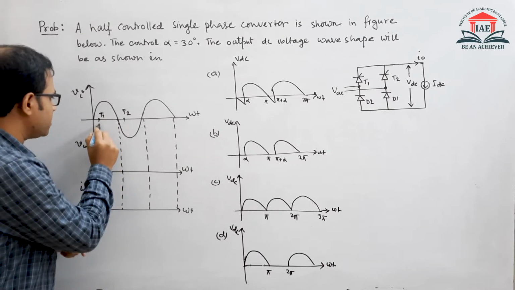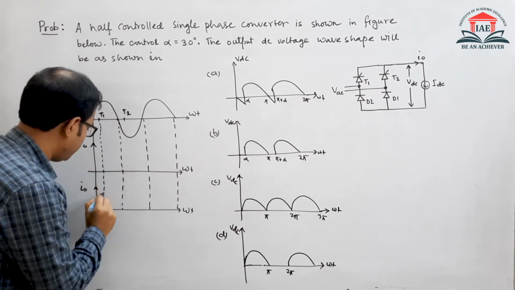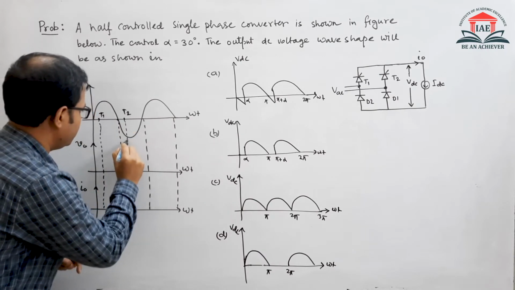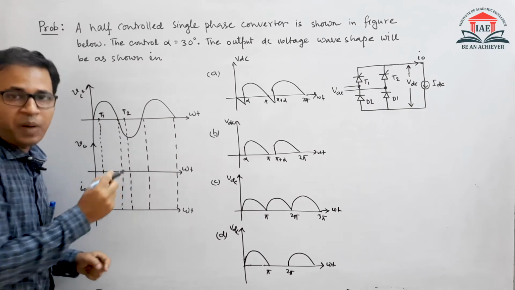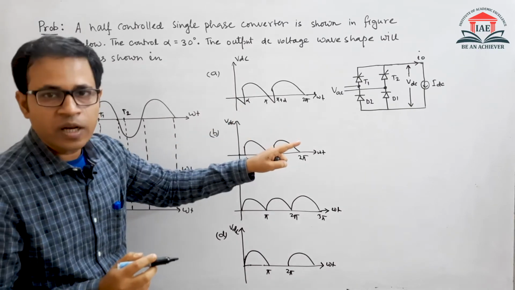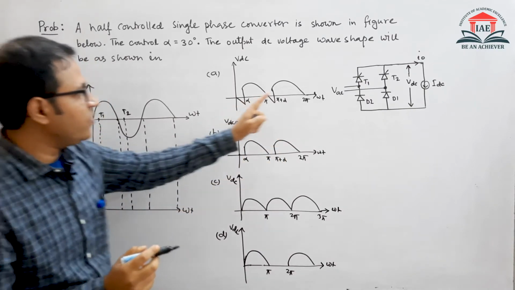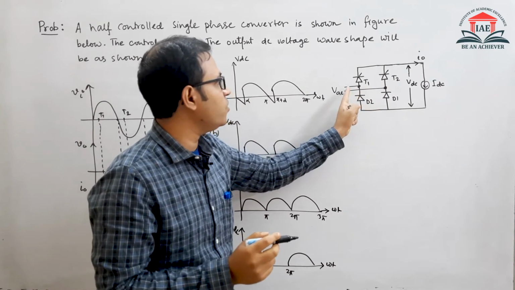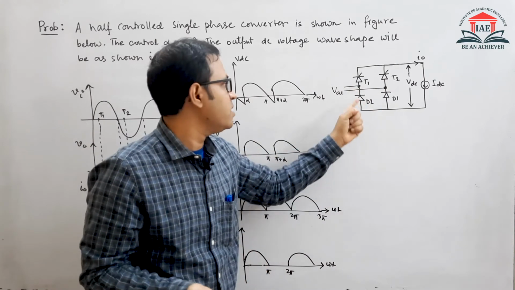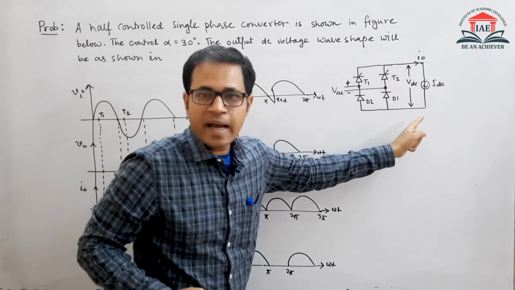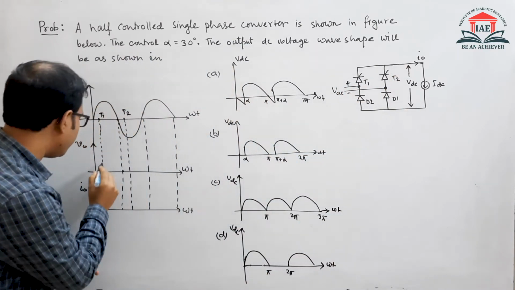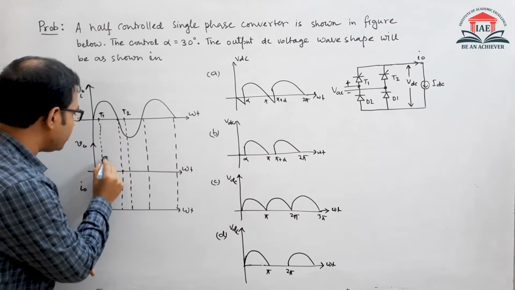So let us mark these points also. From this point to this pi point, T1 and D1 will conduct, right? And if T1 and D1 conduct, the output voltage will be the same as the input voltage. This input polarity, positive and negative, will appear at the load.